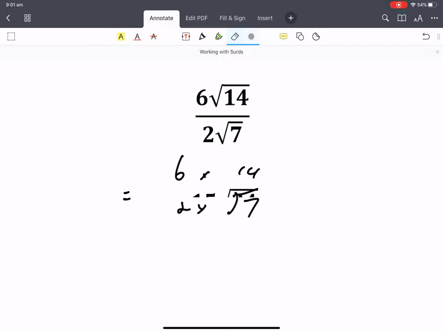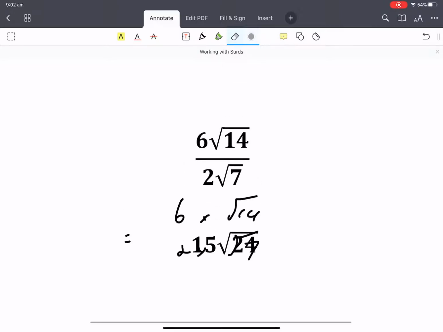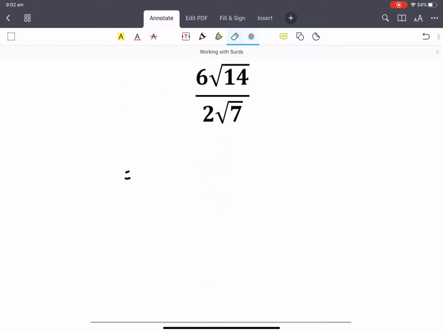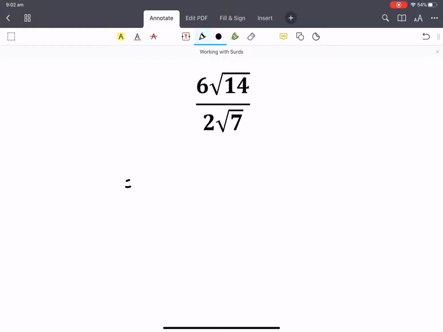Let's just join that radical. 6 on 2 multiplied by 14 on 7.